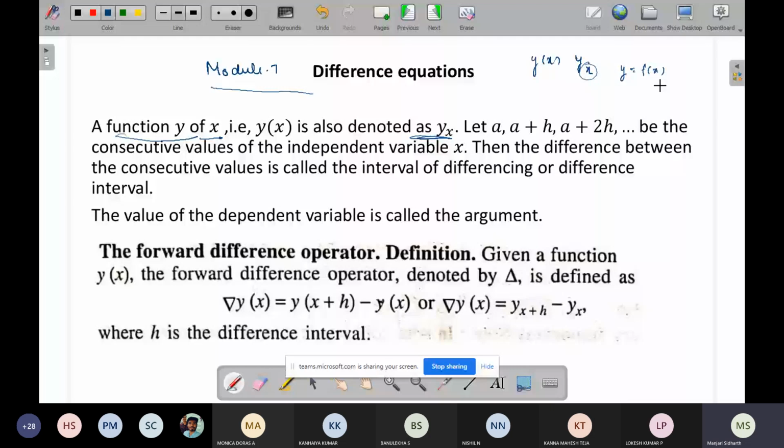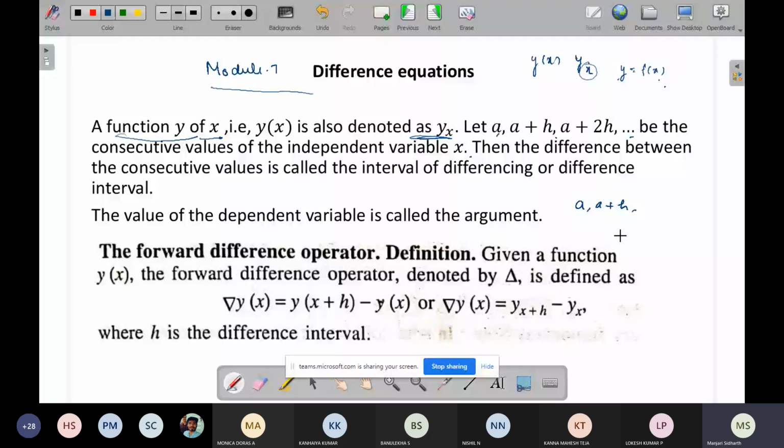Now a plus h, a plus 2h be the consecutive values of the independent variable x, right? The difference between two consecutive values should be the same in all the further values of x, right? Means you just take out two values of x, and their difference is always the same.